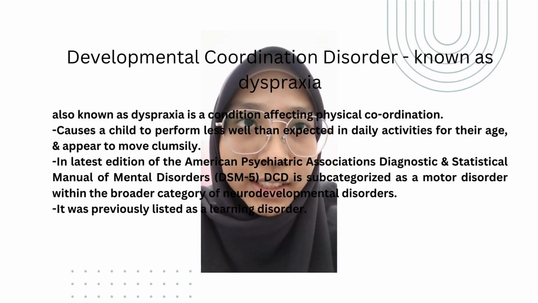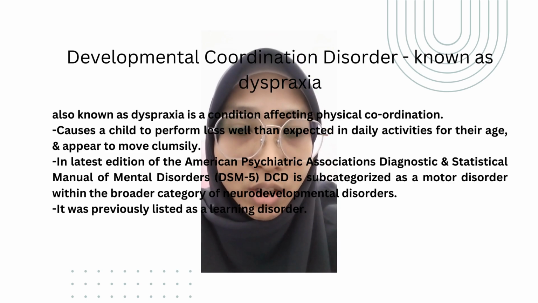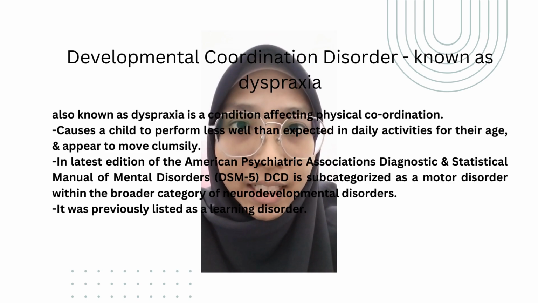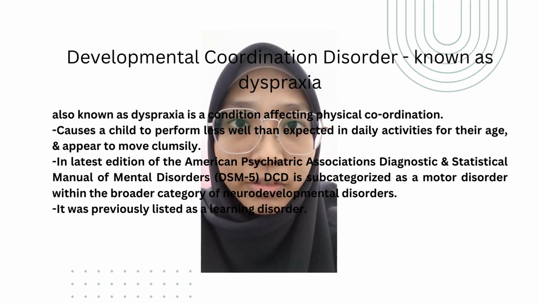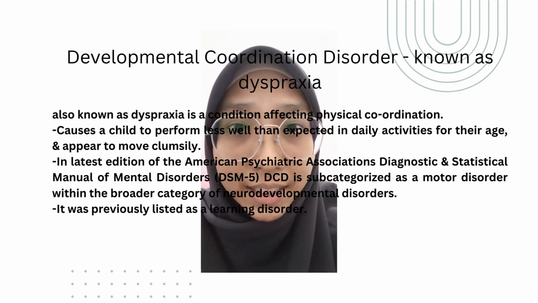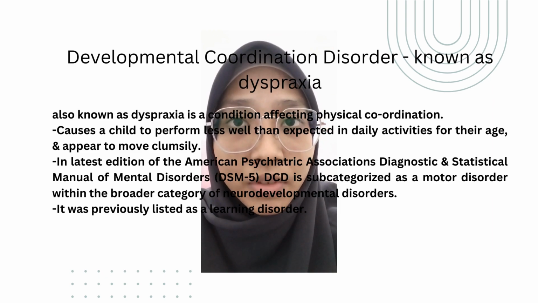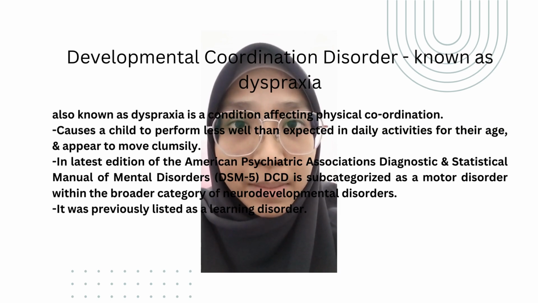Developmental Coordination Disorder (DCD), also known as Dyspraxia, is a condition affecting physical coordination. It causes a child to perform less well than expected in daily activities for their age and appear to move clumsily.